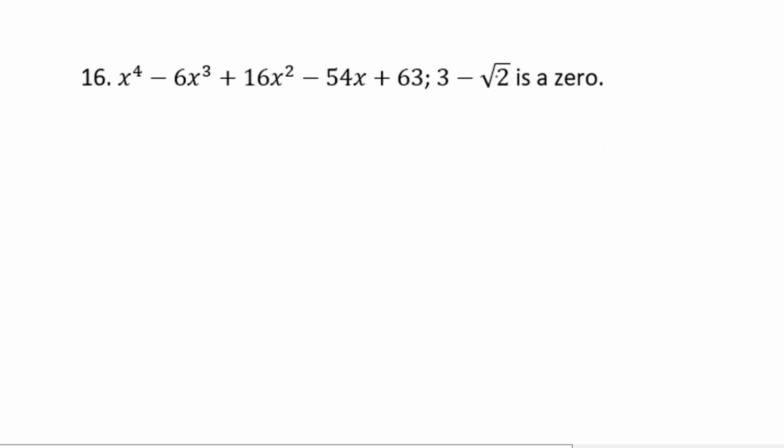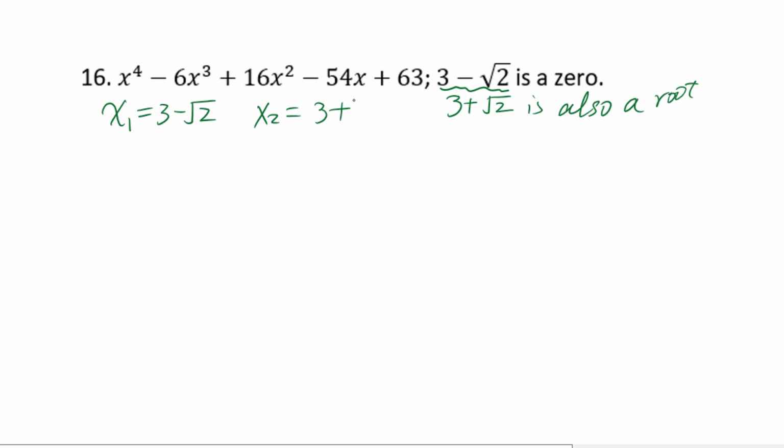3 minus square root of 2 is a zero. According to the conjugate root theorem, 3 plus square root of 2 is also a root. Assume x1 equals 3 minus square root of 2 and x2 equals 3 plus square root of 2. Then x1 plus x2 equals 3 minus square root of 2 plus 3 plus square root of 2, which equals 6.